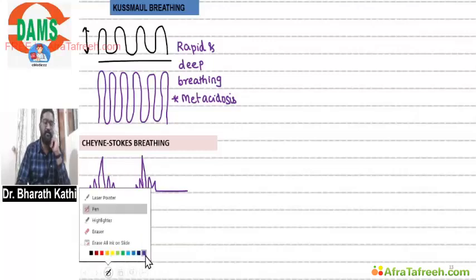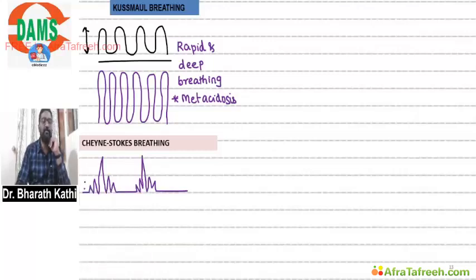This is Cheyne-Stokes breathing. They have asked to describe this breathing. So there is a gradual increase in the amplitude, then a gradual decrease in amplitude, and there is no breath. So this is called apnea. So this is Cheyne-Stokes breathing. So this is waxing.